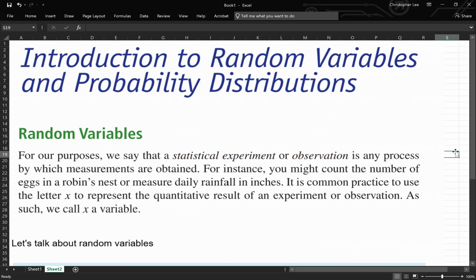For instance, you might count the number of eggs in a robin's nest or measure daily rainfall in inches. It is common practice to use the letter X to represent the quantity or the quantitative result of an experiment or observation. As such, we call X a variable.